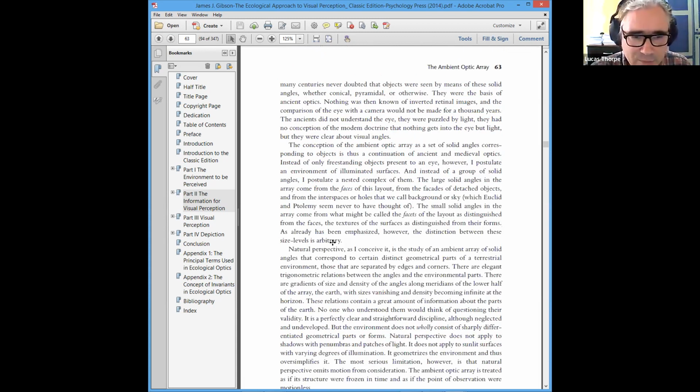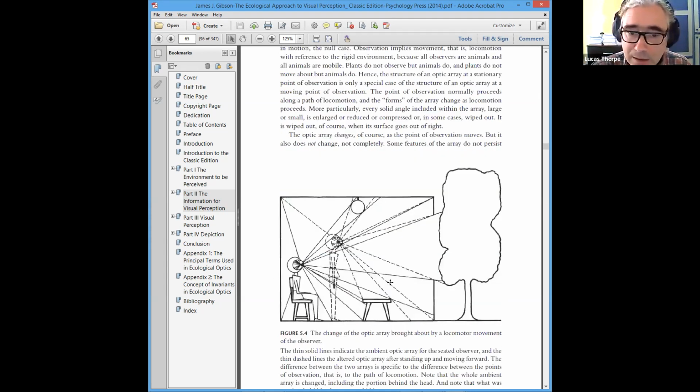If we move from this point to this point, we can get rid of the observer, because this is the information objectively in these points that can then be utilized by an observer. But as one moves from this point to this point, as one stands up, the structure in the ambient light changes in a systematic way, in a way that depends upon the layout of the environment.